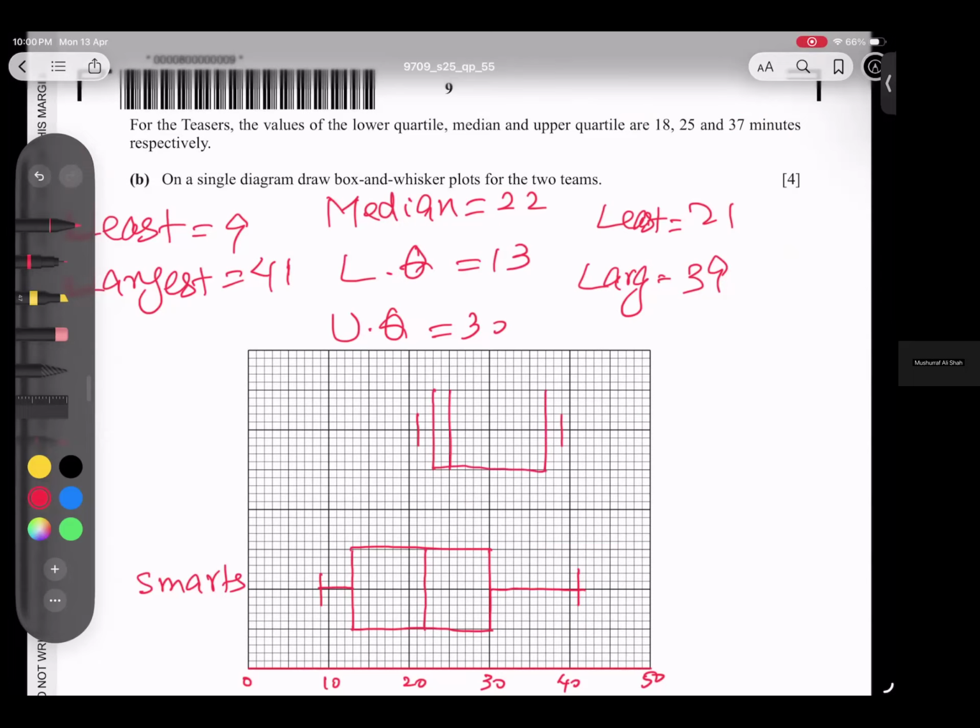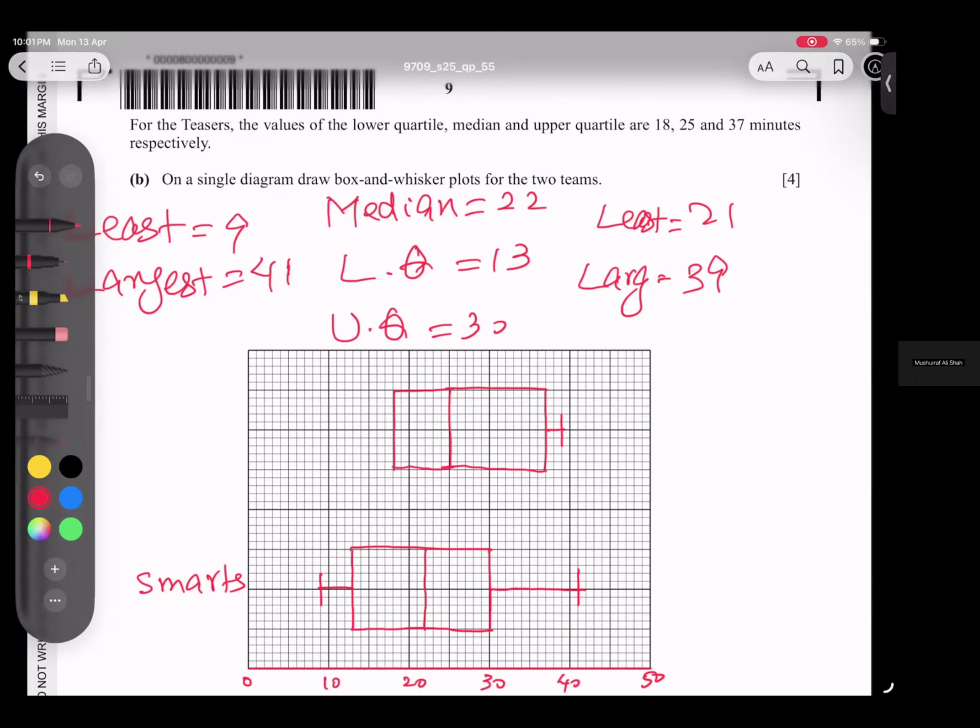Let me check once again, because the compressed diagram came. I'll check once again. 37 correct. Then 25 correct. Then 18. Here is a mistake. It is not here. 18 is here.